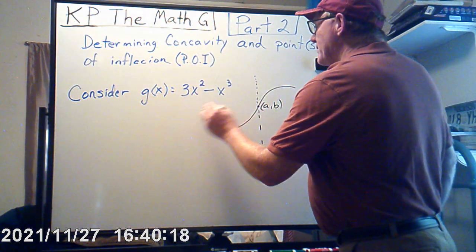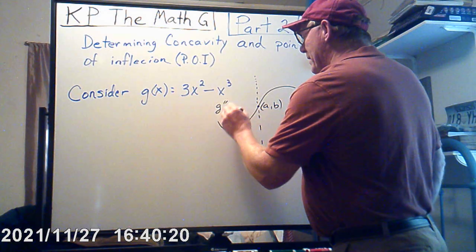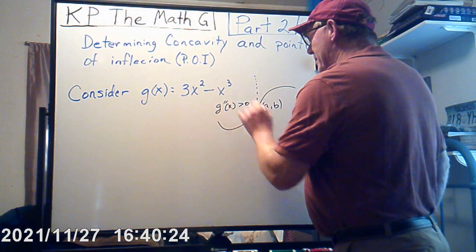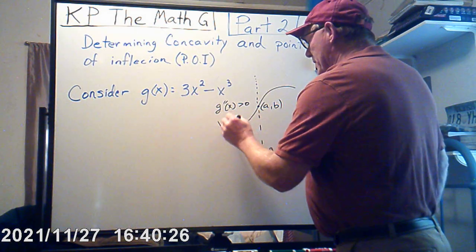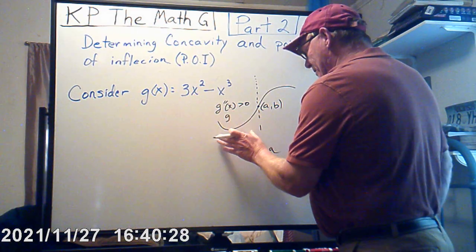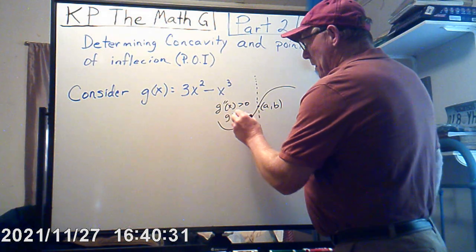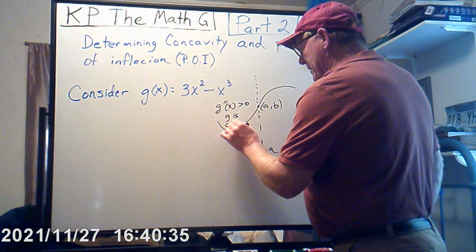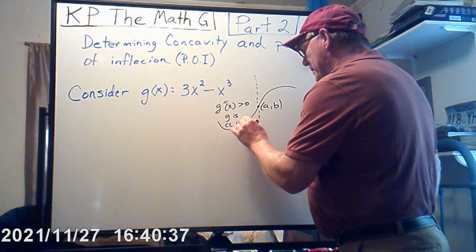If g double prime of x is greater than 0, we know that g on this interval is concave up. I like to say CC, concave up.